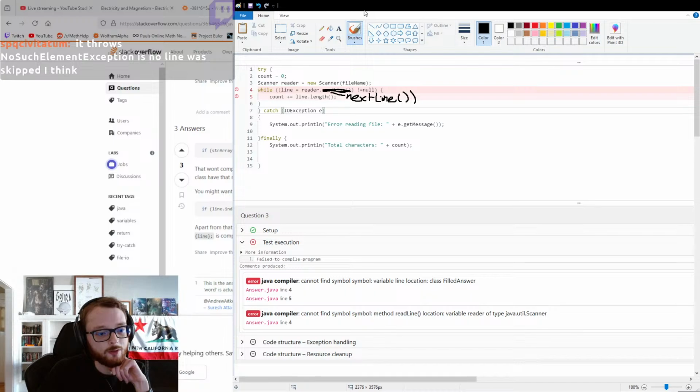If there was no such element exception, I assume that extends at some point IO exception. Isn't IO exception a really... Oh, I guess just exception is everything.